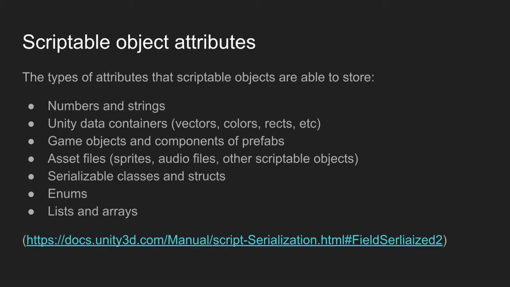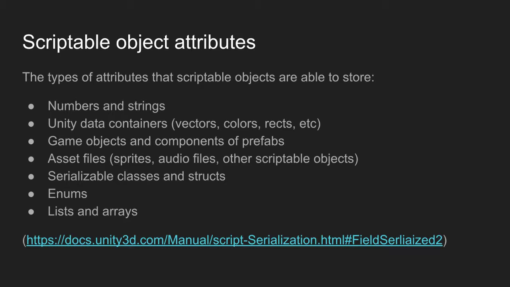The types of attributes that you can store are numbers and strings, Unity data containers like vectors, colors, rects, other stuff. I think there was like Matrix4x4 or something. Whatever that is, I've never used it. You can store game objects and components, but only of prefabs, since scriptable objects aren't exactly in a scene, they just exist outside of one.